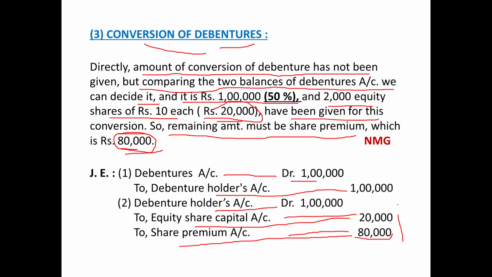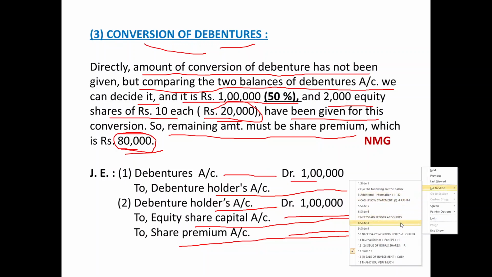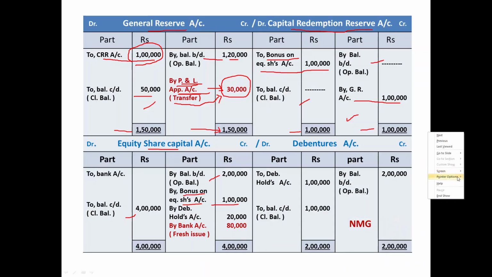It is a good point. Let us give the posting in the concerned ledger accounts for this item of conversion of debentures. Have a look. First journal entry, debentures account debited rupees 1 lakh to debenture holders account credited 1 lakh. Second journal entry, debenture holders account debited rupees 1 lakh to equity share capital account credited rupees 20,000. See the opposite narration, debenture holders account 20,000.